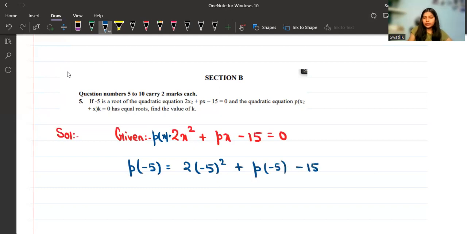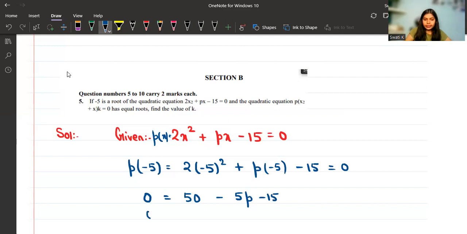I'm writing 0 equals. This will become -5 squared, which is 25. 25 into 2 is 50. Of course, minus into minus is plus, so we got a plus sign. Now this will become minus 5p, and this is minus 15.